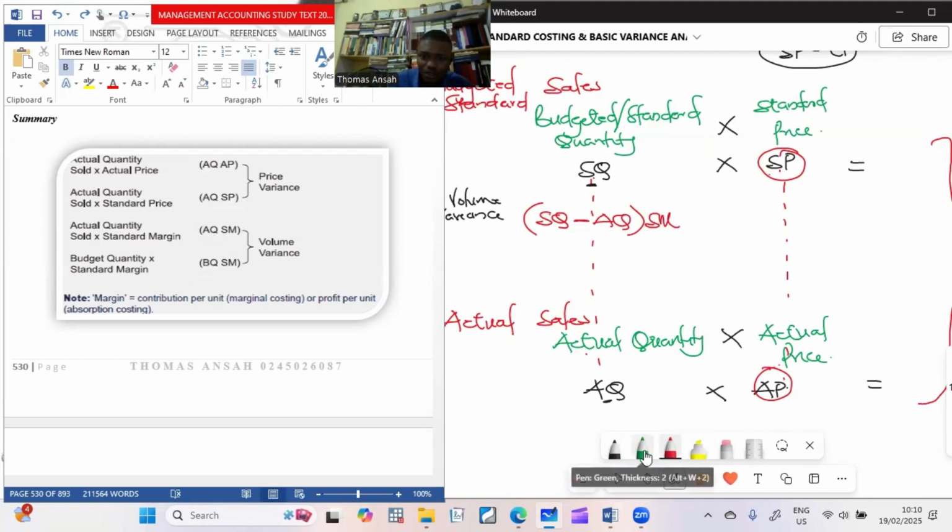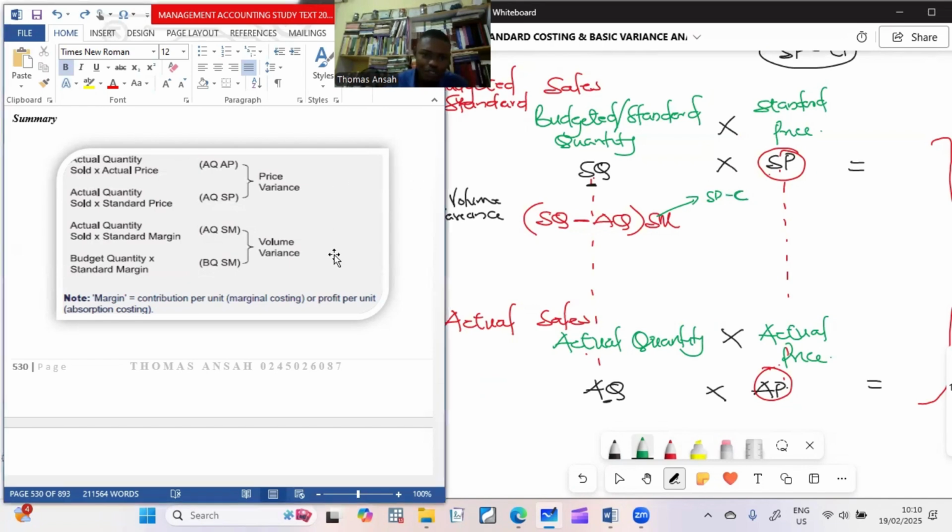All right, so please take note of that, the standard margin, and it is given by just the contribution. Is that okay? So it is the sales minus the production cost. And the production cost, be careful about whether it is absorption costing or marginal costing.